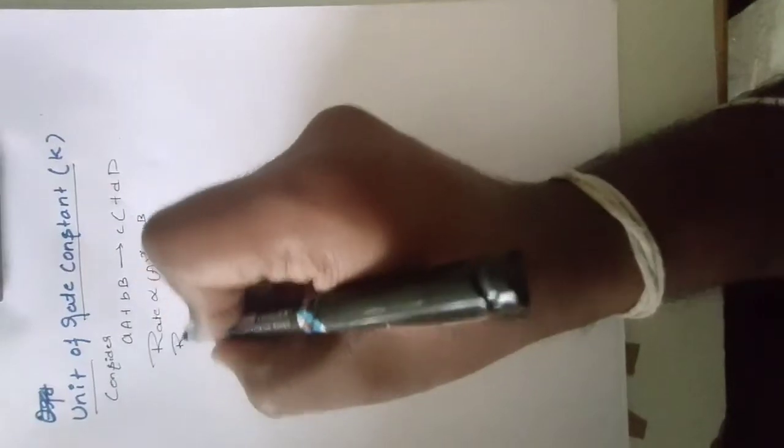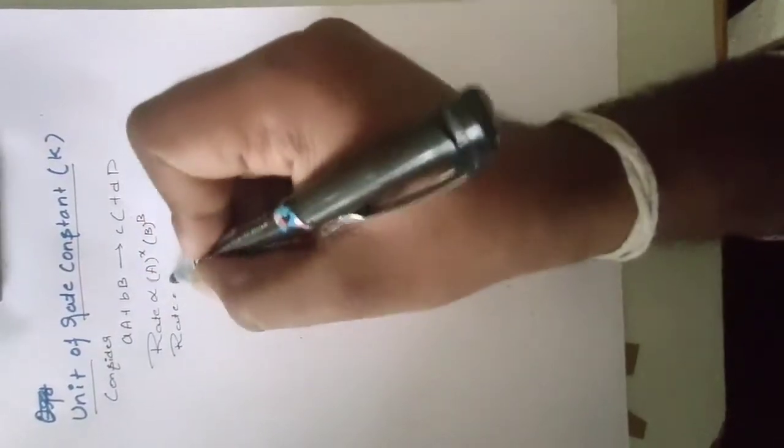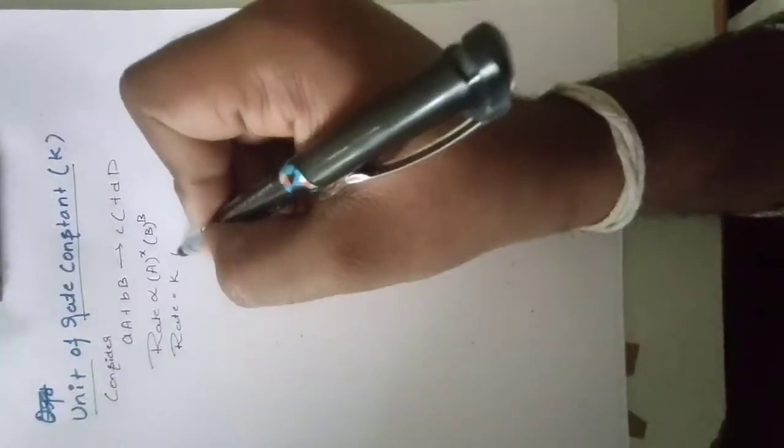Then you can write the rate is equal to k, which, you know, is the rate constant, times A to the power x times B to the power y.